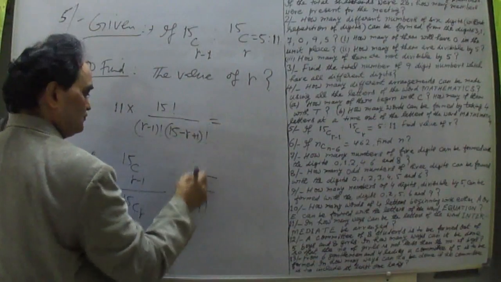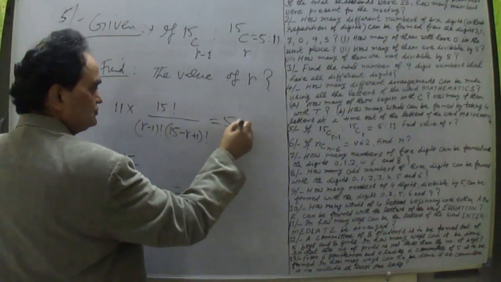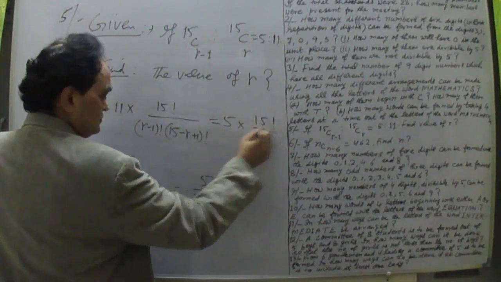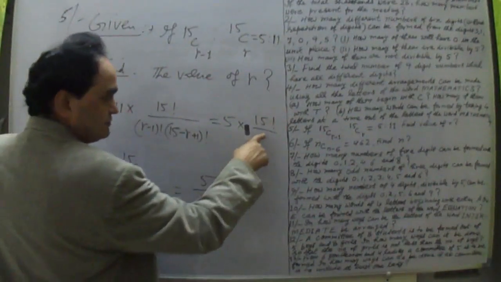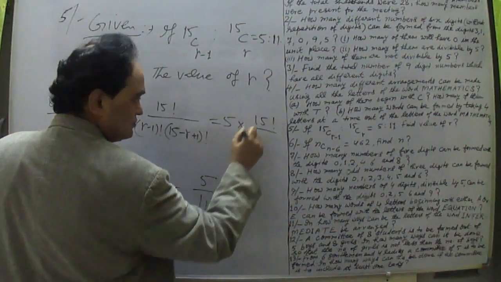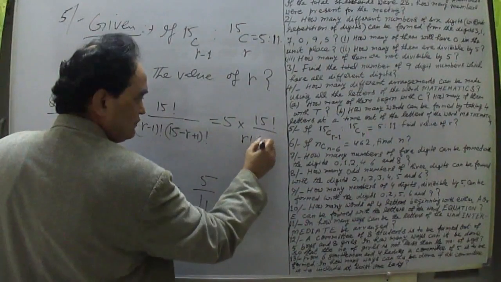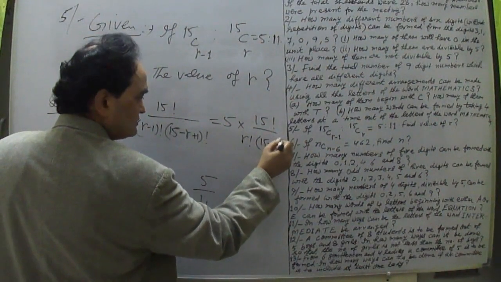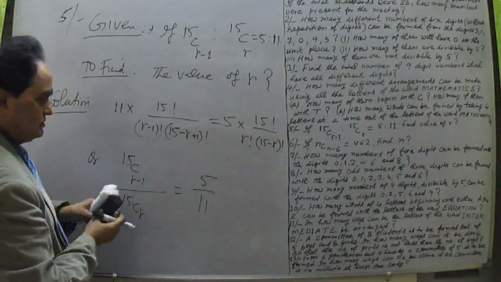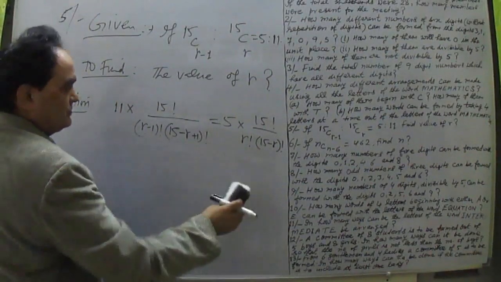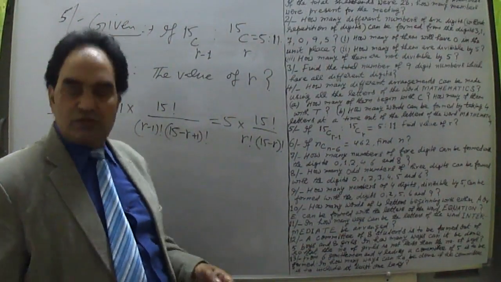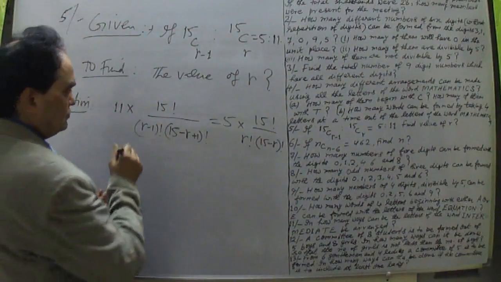This is equal to 5 into factorial 15, because 15CR means factorial 15 upon factorial R into factorial 15 minus R. This we have to understand. Just we have cross multiplied. Okay, nothing else.